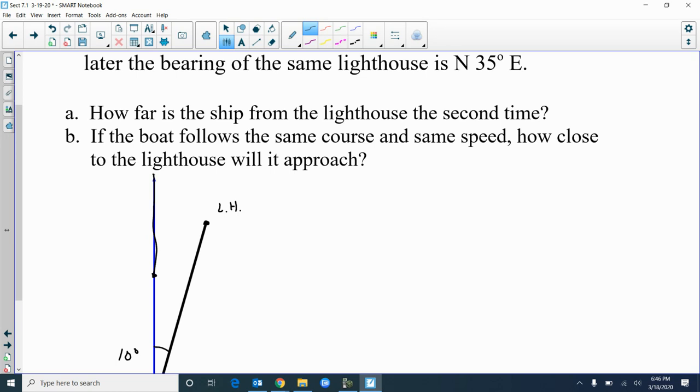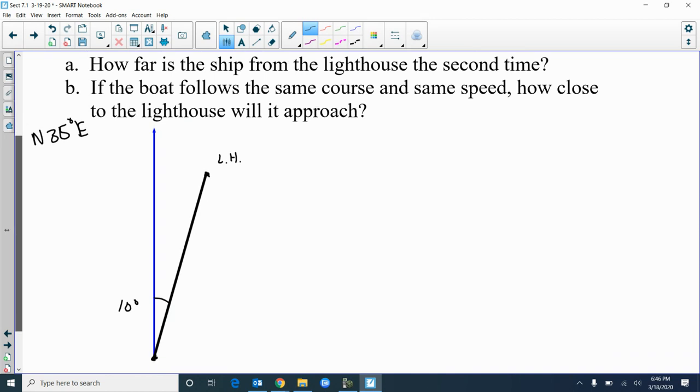And that's given away by the bearing. Since it says north 35 degrees east, that indicates that the boat, even though it has traveled 20 miles, could not have passed the lighthouse. If it passed the lighthouse, it would have to look backwards. That would be a southeast bearing. So it is still below the lighthouse.